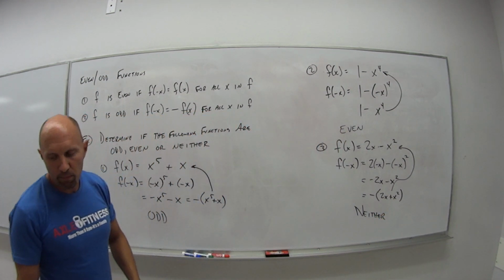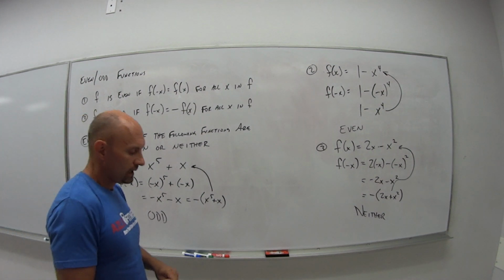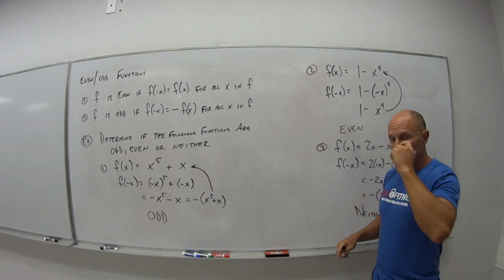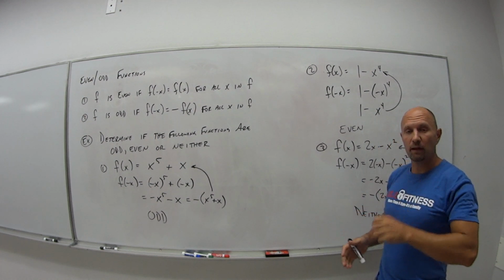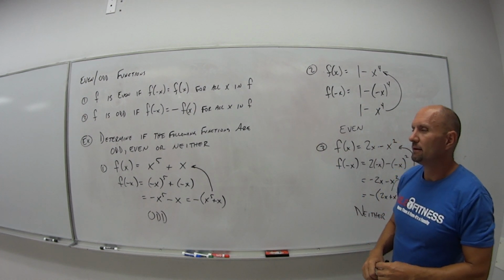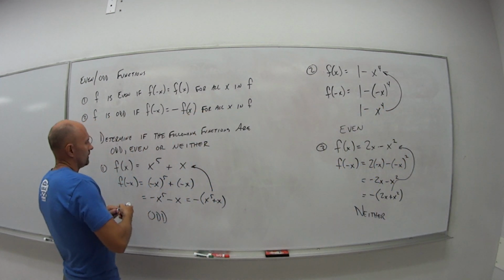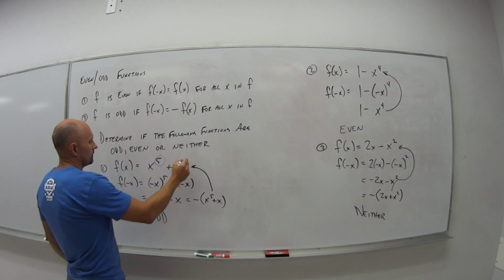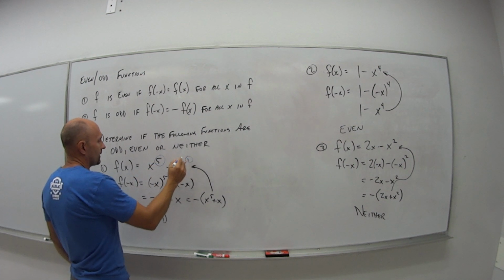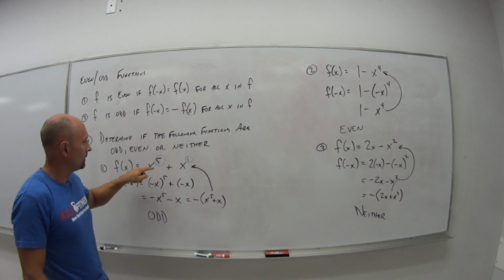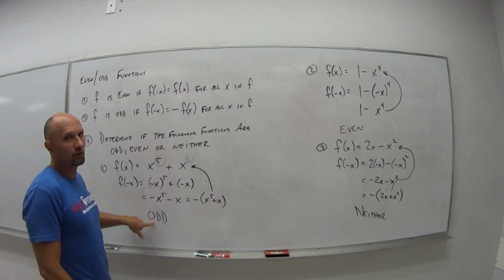So we saw the three possibilities there. Now, if you are dealing with just polynomials like this, x or whatever variable, anything to some power, I'll show you the shortcut here. In the first case, this power is odd. This is like x to the first power, that's odd. If every exponent in your function, if it's a polynomial, is an odd number, your function will be odd.